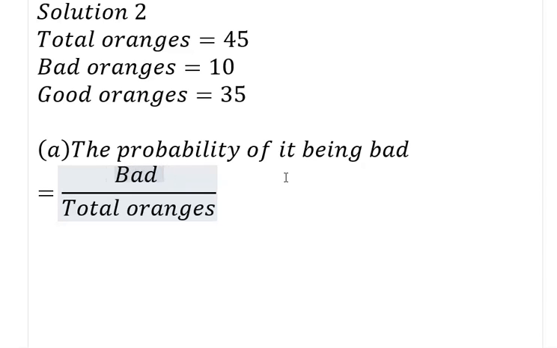So the probability of it being bad will be bad oranges over total oranges.